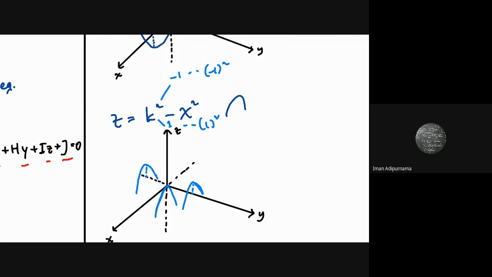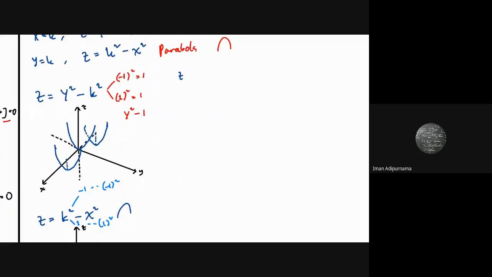Okay, now the last one is the hyperbola. Hyperbola, y squared minus x squared equals k. This one is a little bit complex here.